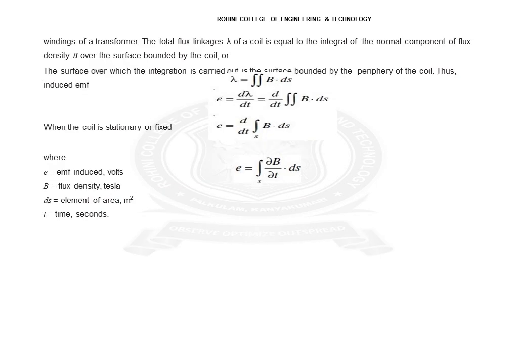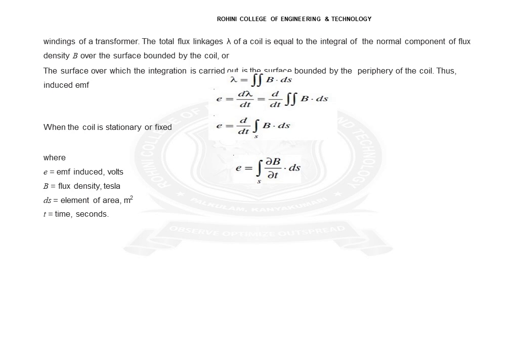The total flux linkage lambda of a coil is equal to the integral of the normal component of flux density B over the surface bounded by the periphery of the coil. So lambda equals the double integral of B into ds.